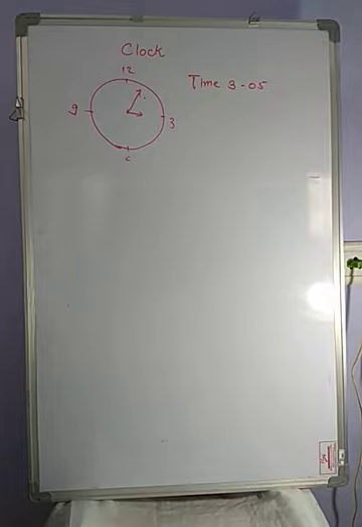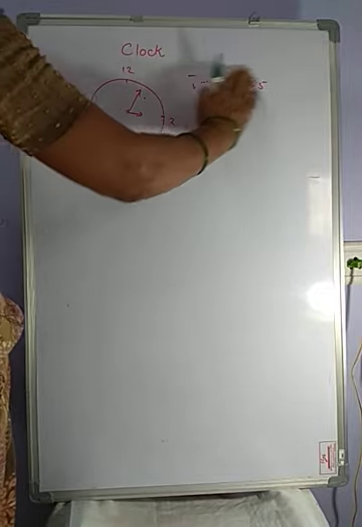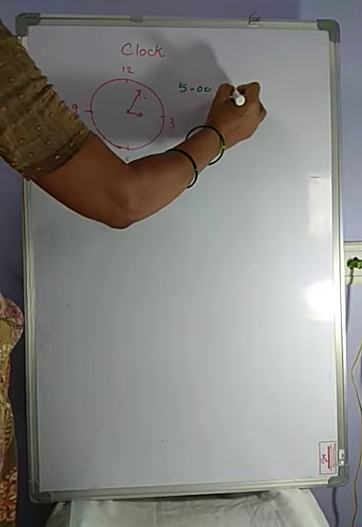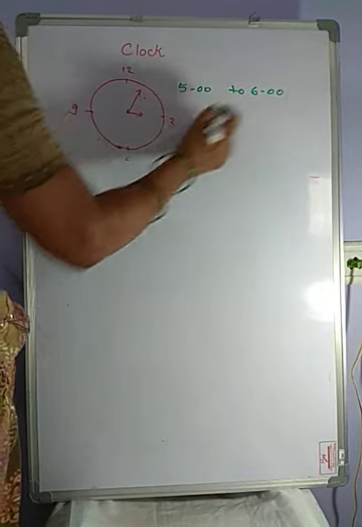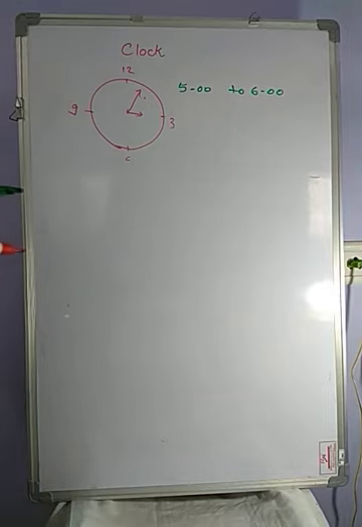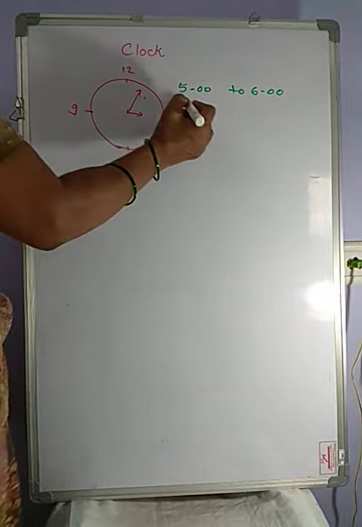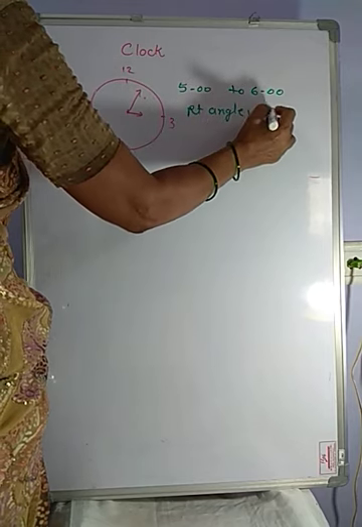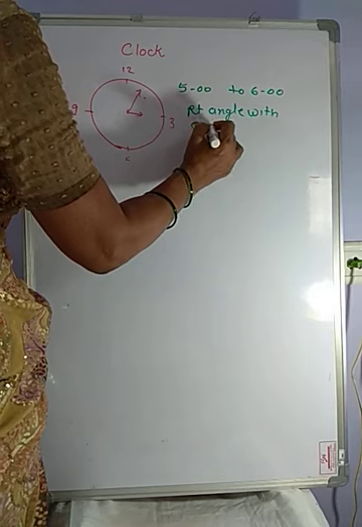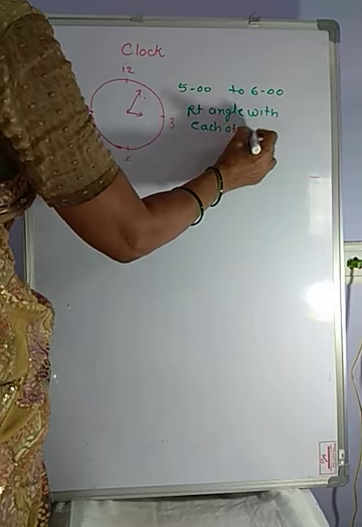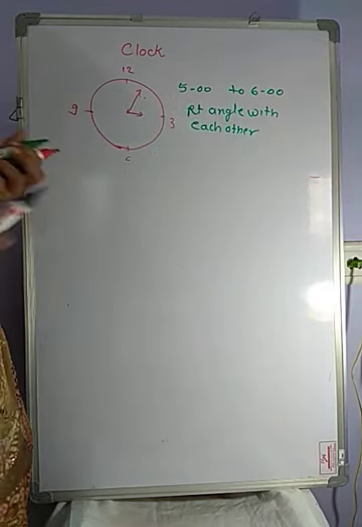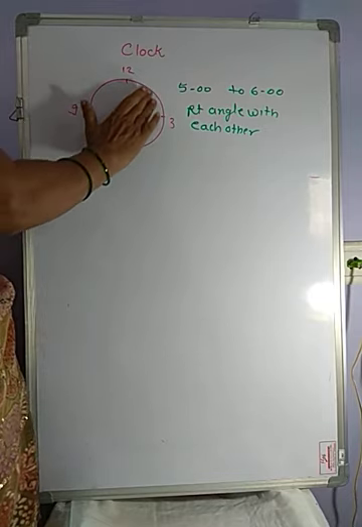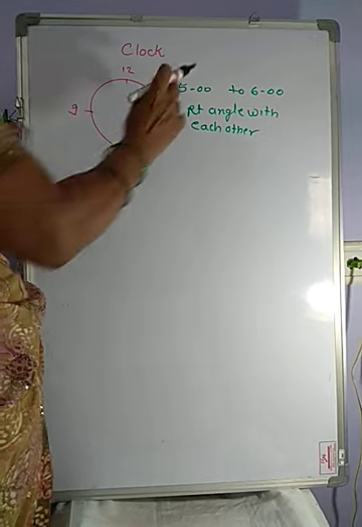Next question is, at what time between 5 o'clock and 6 o'clock will the hour hand and minute hand make a right angle with each other? Now let's draw the hands. First place 5 o'clock.